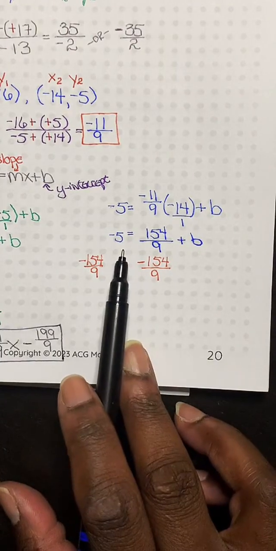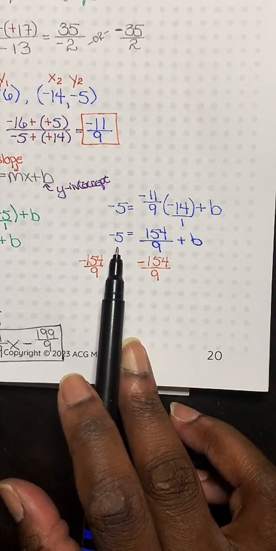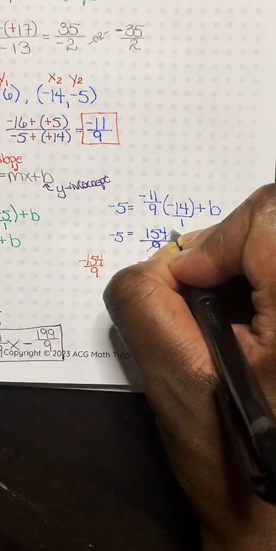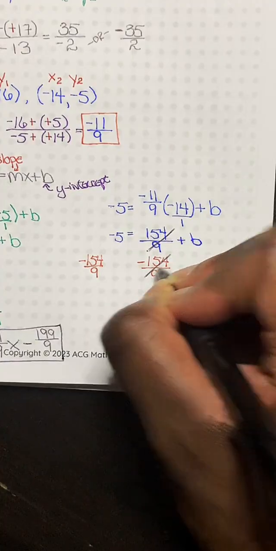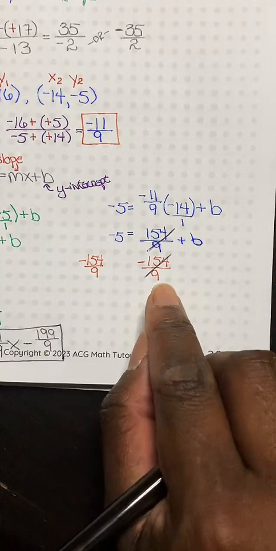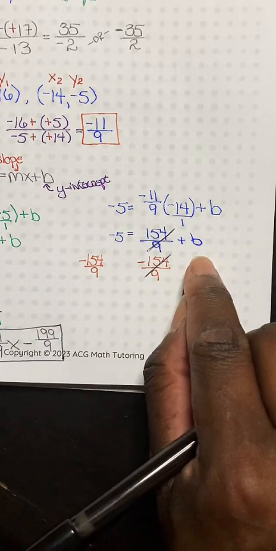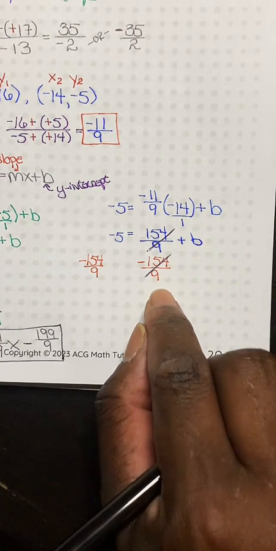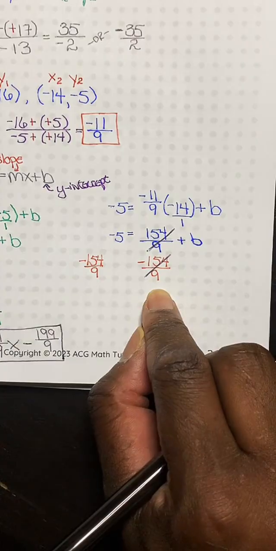So right here, we have our negative 5 because these two things cancel out. They're actually giving me a 0, but I don't need the 0 because I still have a b on this side of the equal sign. So I don't need the 0 as a placeholder, okay?